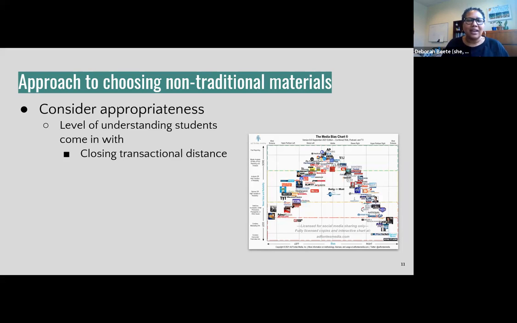In 2019, I learned this term, transactional distance, from an instructional designer in CTL, Karan. I don't remember Karan's last name right this second, but that's who gets the credit for teaching me this. It is the distance between the instructor's understanding of the topic and the student's understanding, which is often a gulf.